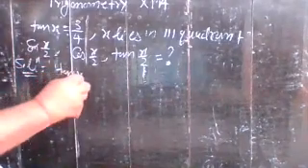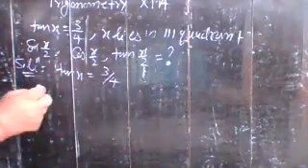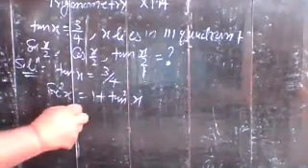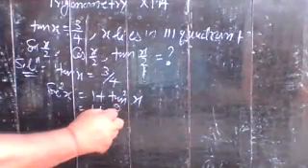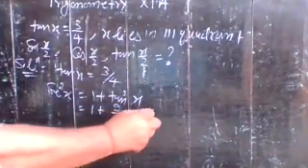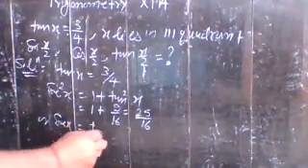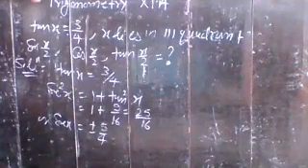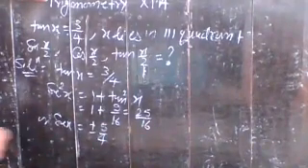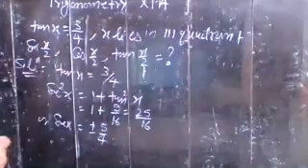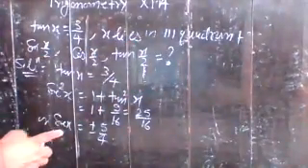Tan x is equal to 3 by 4, and you have the identity sec square x is equal to 1 plus tan square x. Putting its value, 1 plus 9 upon 16, which is 25 by 16. So sec x is equal to plus minus 5 by 4. Here it is given that x lies in third quadrant, and in third quadrant sec is negative.